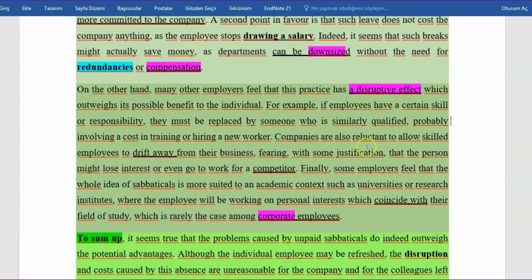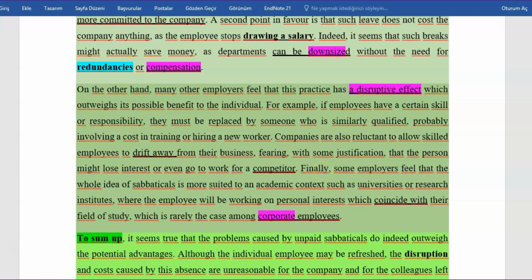Companies are also reluctant to allow skilled employees to drift away from their business, fearing with some justification that the person might lose interest or even go to work for another competitor.